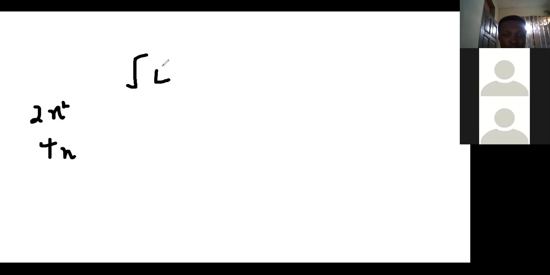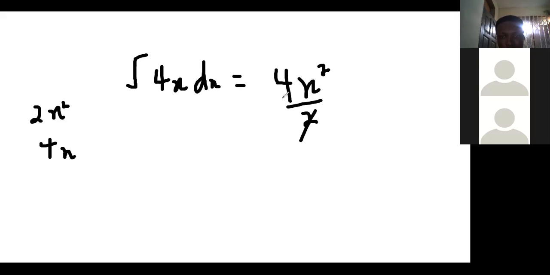So 4x dx becomes 4x squared all over 2. The 2 cancels, and we ignore the c here. So we are going to get 2x squared, like this one.